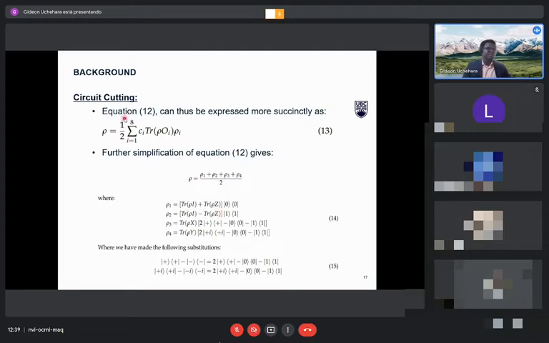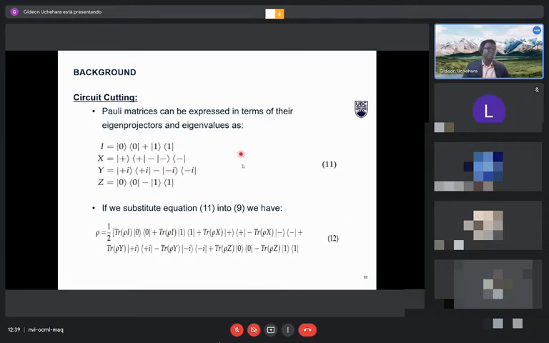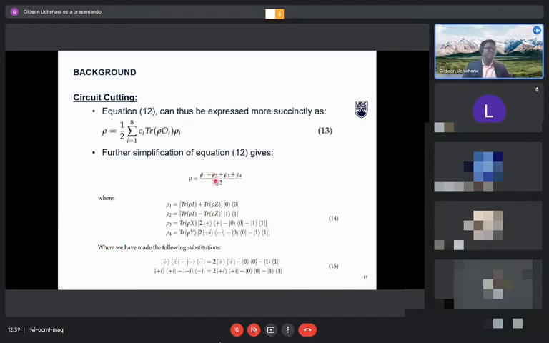If we further simplify equation 12, which is this equation here, we are going to group the different eigen projectors and the observables differently.